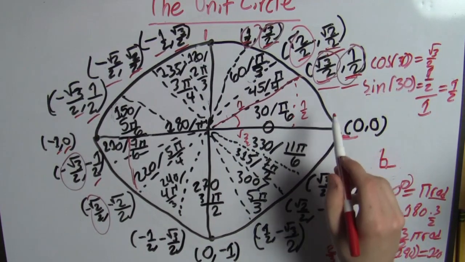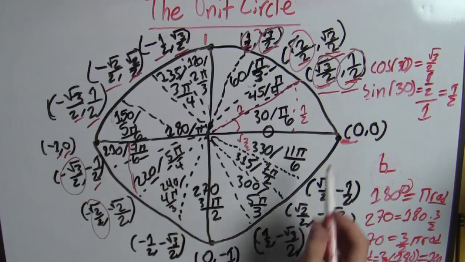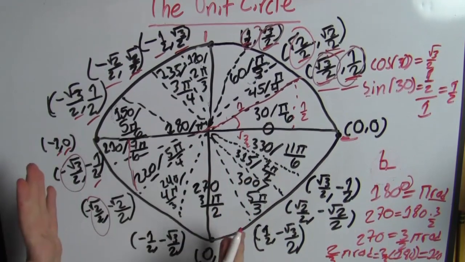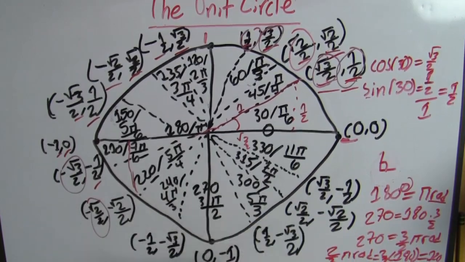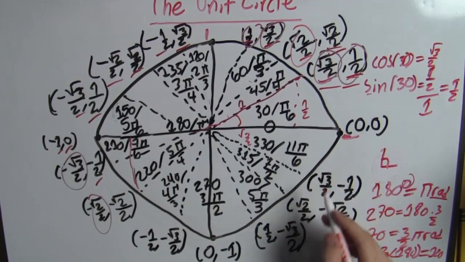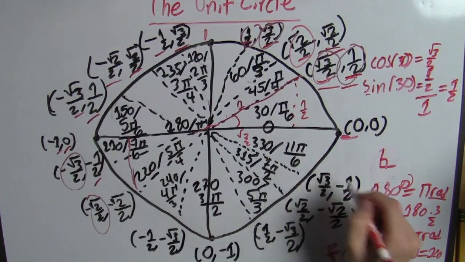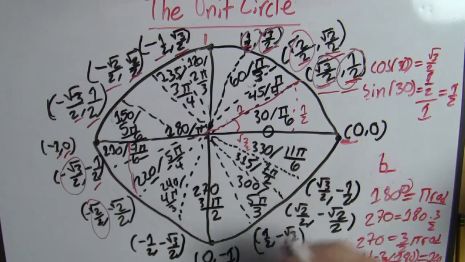But if I'm doing, say, 210, right? Well, I know that both of my points are going to be in the third quadrant, which is negative, right? So both of my points there are going to be negative. Or if I'm at 330, right? Well, then my y coordinate is going to be negative, my x coordinate is going to be positive, right?